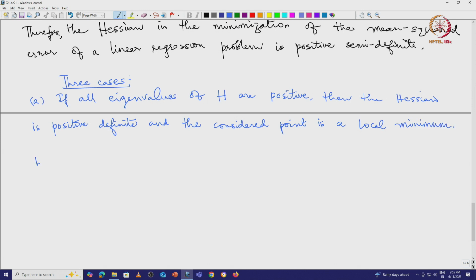The second case is if all the eigenvalues of H are negative, the Hessian is negative definite.